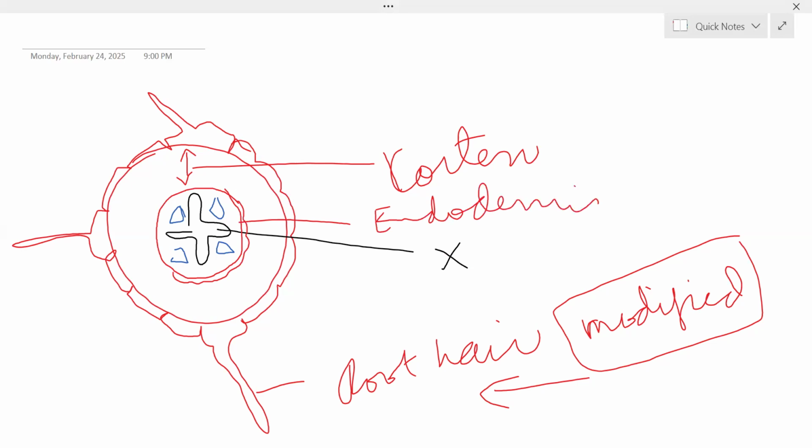Endodermis is having the layer of waxy coating around the cells, known as the Casparian strip, and the molecule is known as suberin, which is a waxy coating, and it will not allow water molecules to pass through.